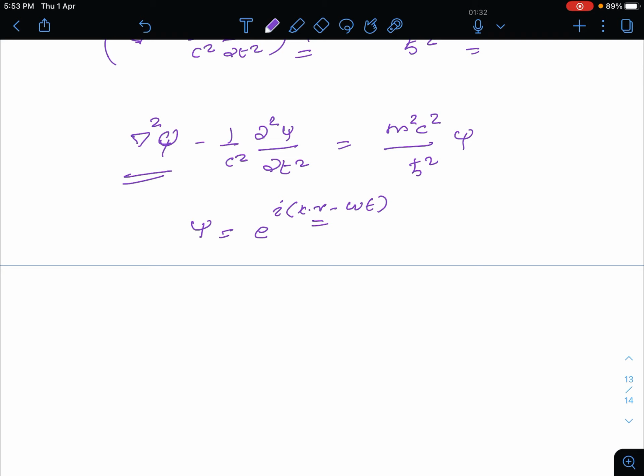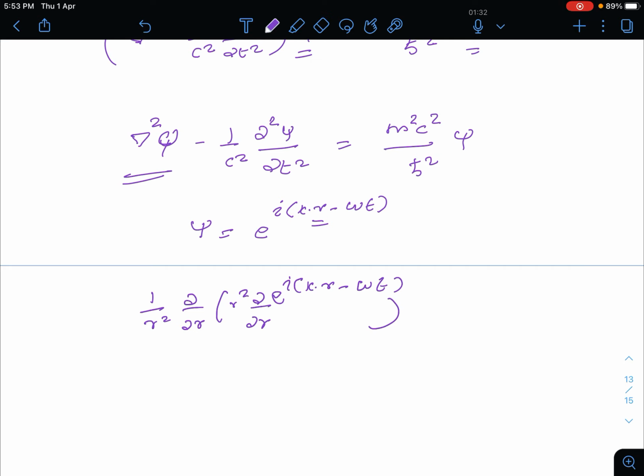Del square in spherical polar coordinates is simply 1 by r square dou by dou r of r square dou by dou r, acting on e raised to i(k dot r minus omega t).